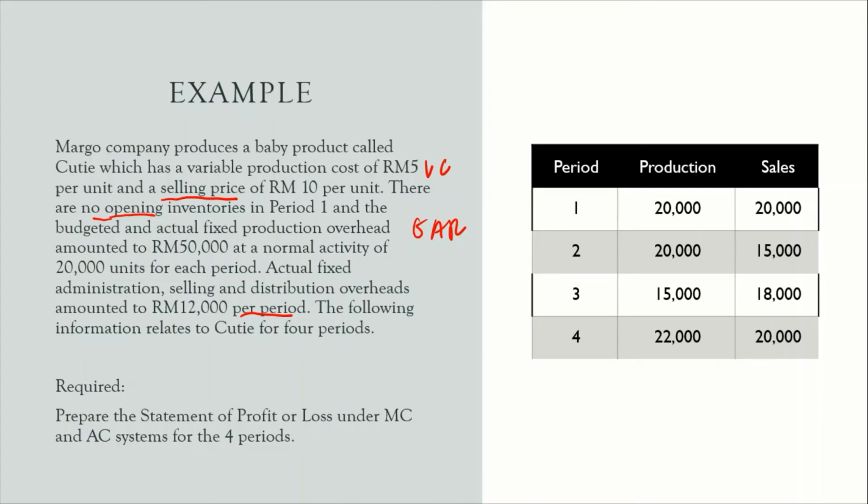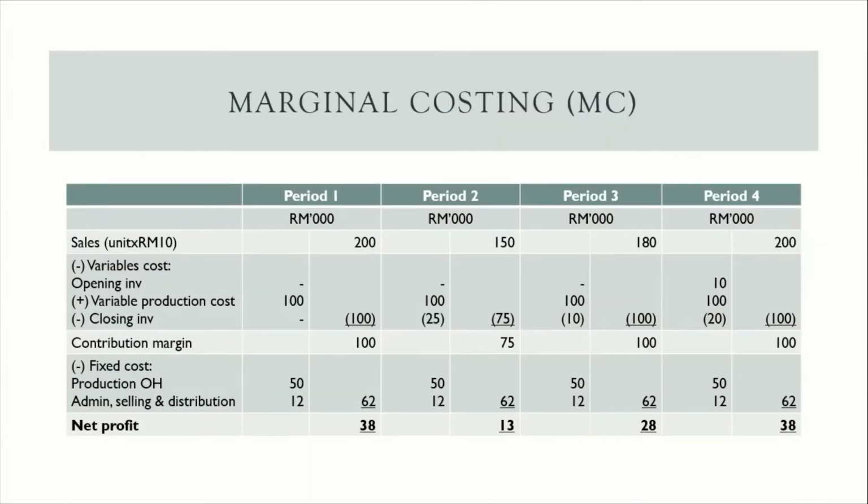So let's look. Okay, starting with marginal. The calculation of the amount itself is as I've shown in the example below. So unit sales is the unit that you sell for the period times the unit selling price, which is RM10 based on the paragraph above.